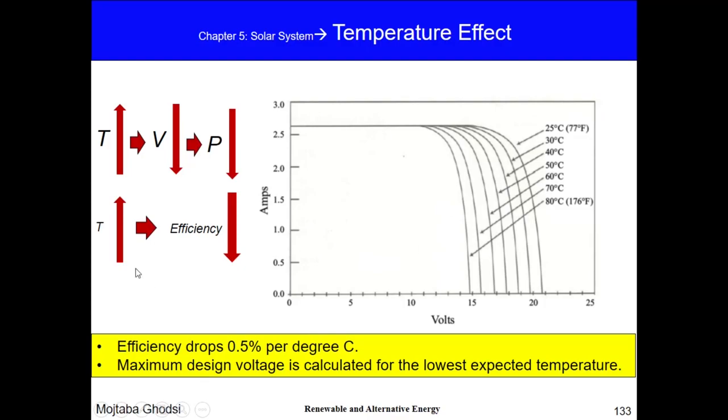Then, we should always try to reduce the temperature to enhance the efficiency of the panel. Efficiency drops about 0.5% per degree centigrade, and the maximum design voltage is calculated for the lowest expected temperature.